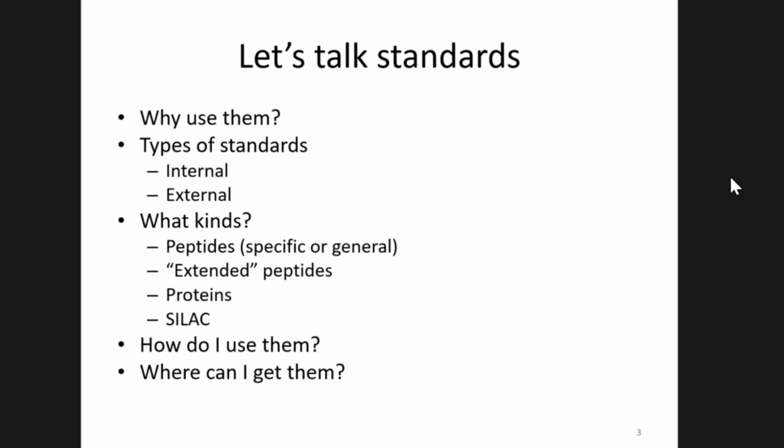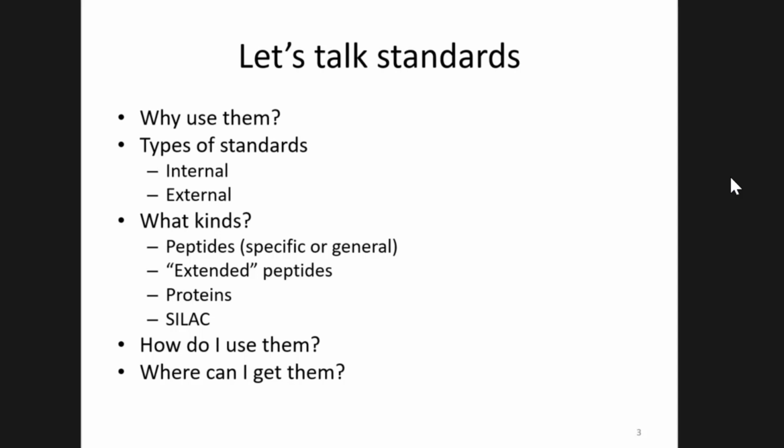So there were a lot of questions earlier about standards, and standards are very important. And if you cannot get heavy labeled proteins, which are kind of the ideal, there are a variety of other options you can choose because we can't always get the ideal, unfortunately.